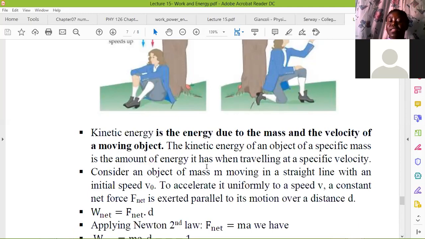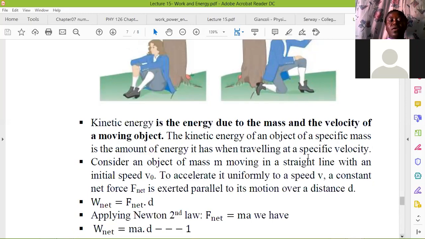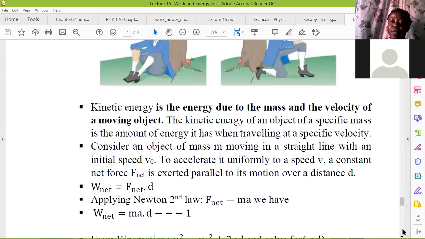So in other words, the kinetic energy is the energy of the body being in motion. If we have an object of a specified mass, it travels at a specific velocity.